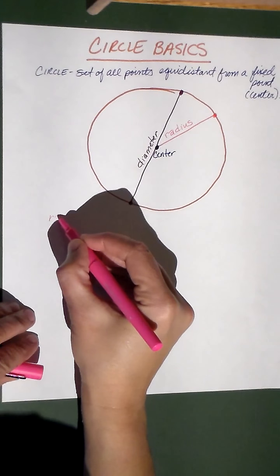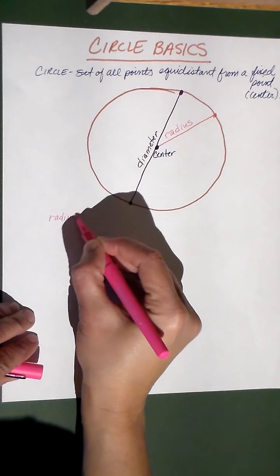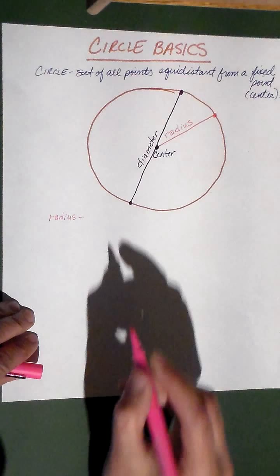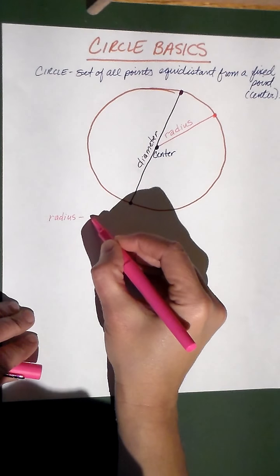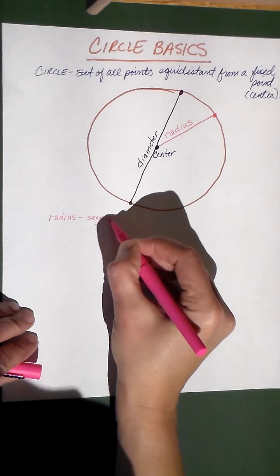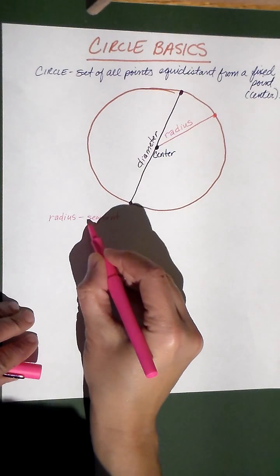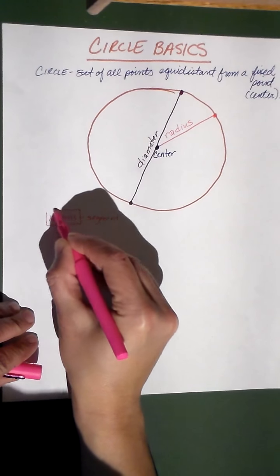Again, we have the radius. The radius of the circle is the segment, and that word segment, we're going to use that a lot. We'll go ahead and box this in so you can see it.